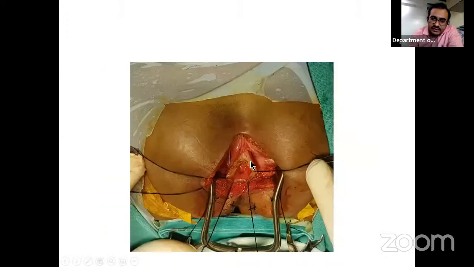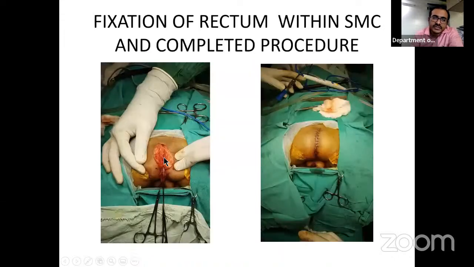Once this is done, we mobilize the rectum circumferentially until adequate length is achieved. Once adequate length is achieved, that means the length to reach the sphincter muscle fibers, we stop dissection and place this rectum within the limits of the sphincter muscle fibers. This was the marked sphincter muscle, this was the posterior limit, this was the anterior limit, and we fix the rectum within the limits of the sphincter muscle fibers.